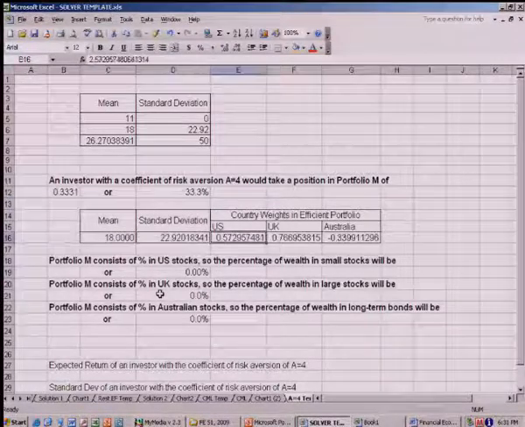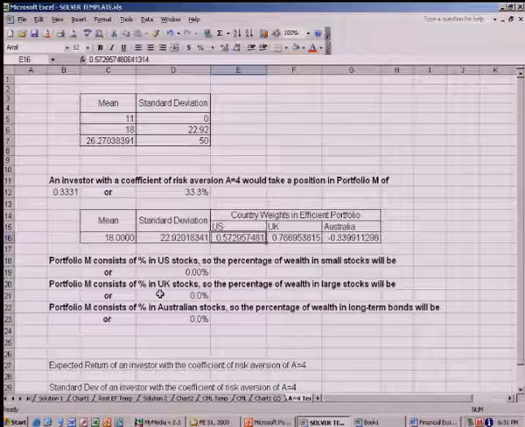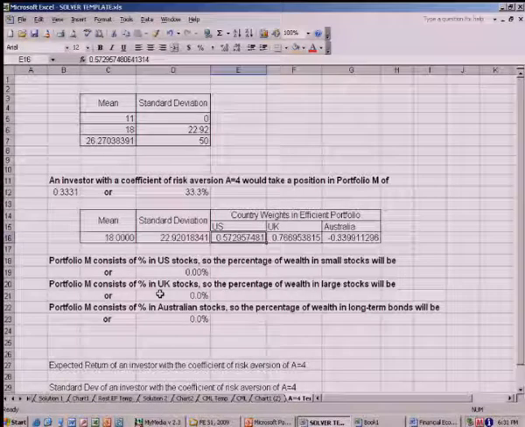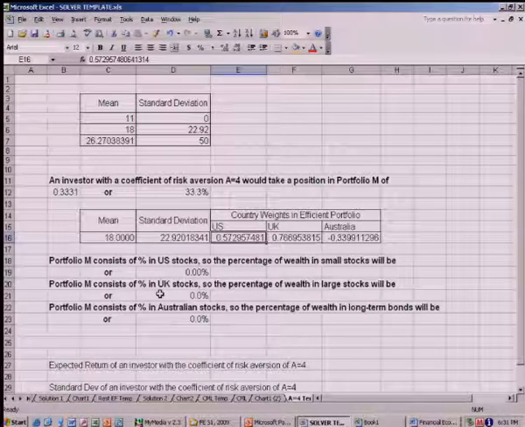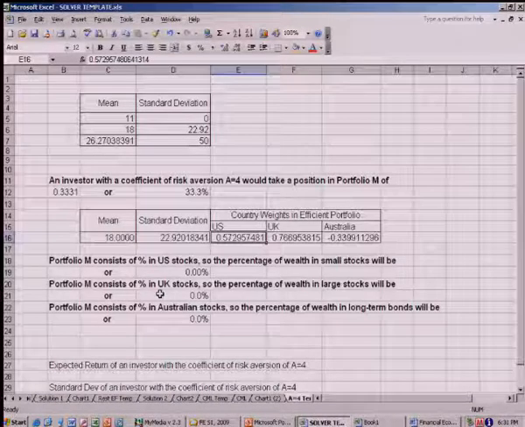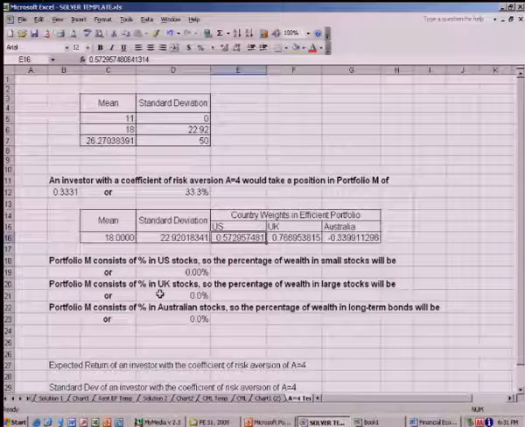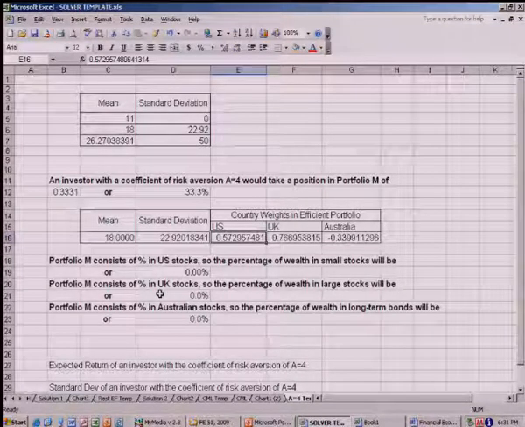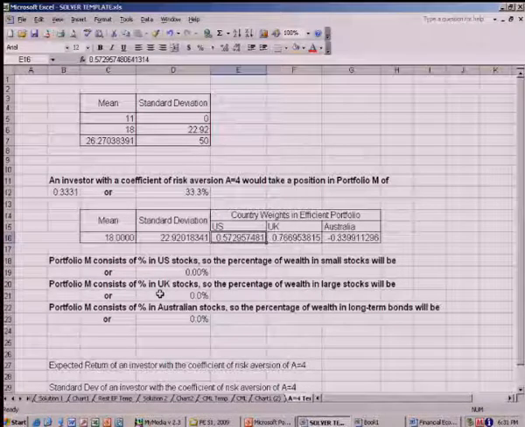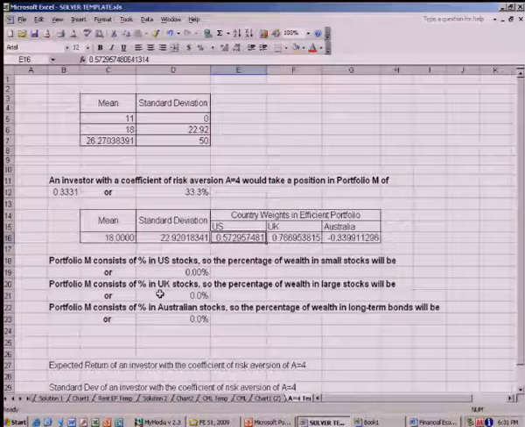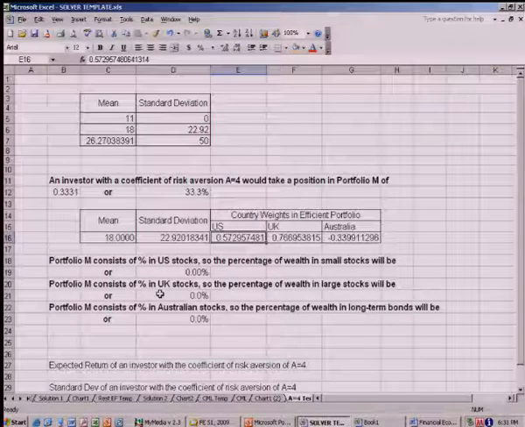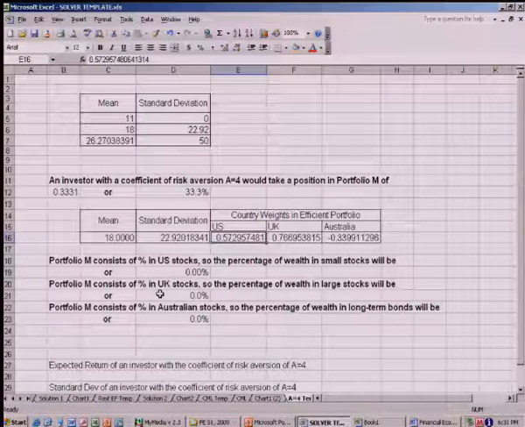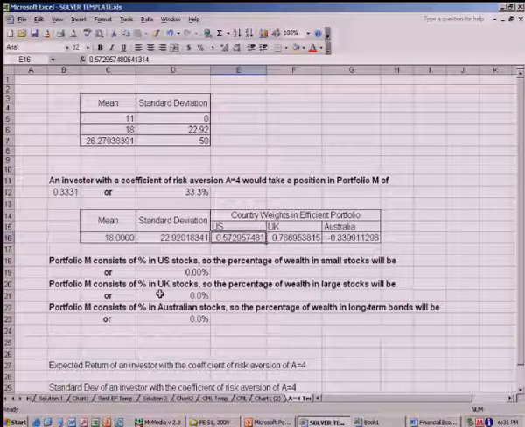Your assignment also asks you not just that, but to tell this investor exactly what that means in terms of the weights on the individual assets, i.e. how much they should be putting into the US asset, the UK asset, and the Australian asset. We know that for all three assets combined, they should be investing 33.3% of all of their funds into this risky asset, and as a reminder, 66.6% should be invested in the risk-free asset.